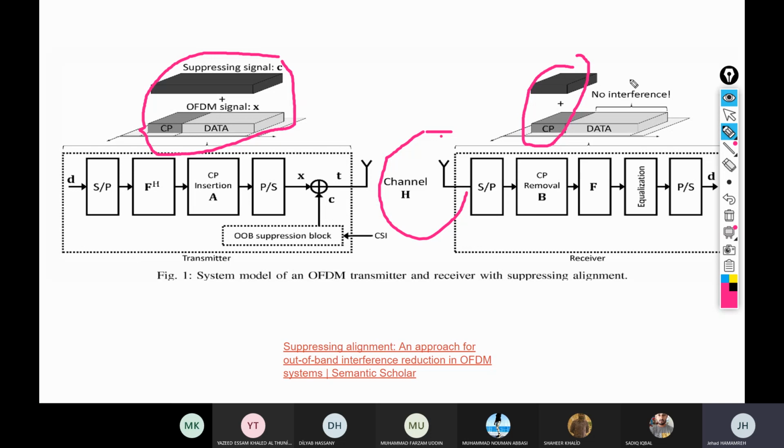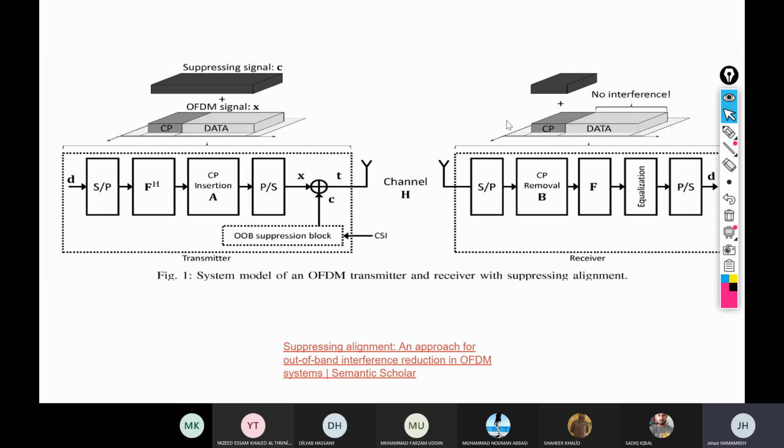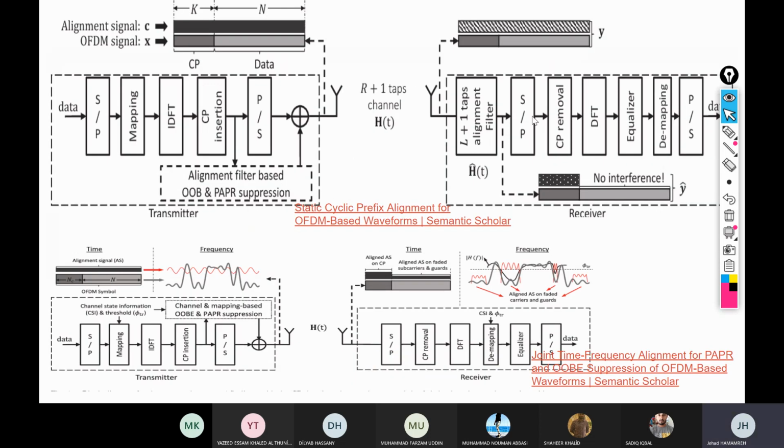Let's see what other techniques we can see here. We have another technique in case the channel is not providing enough randomness. You can design a filter at the receiver and design the alignment signal as a function of the channel plus this filter. So this filter becomes part of the channel. Why is this important?